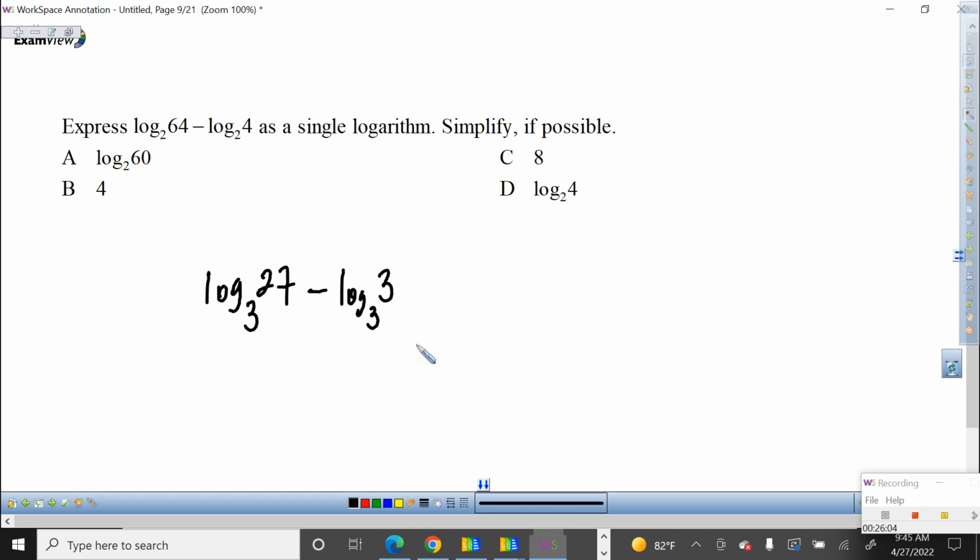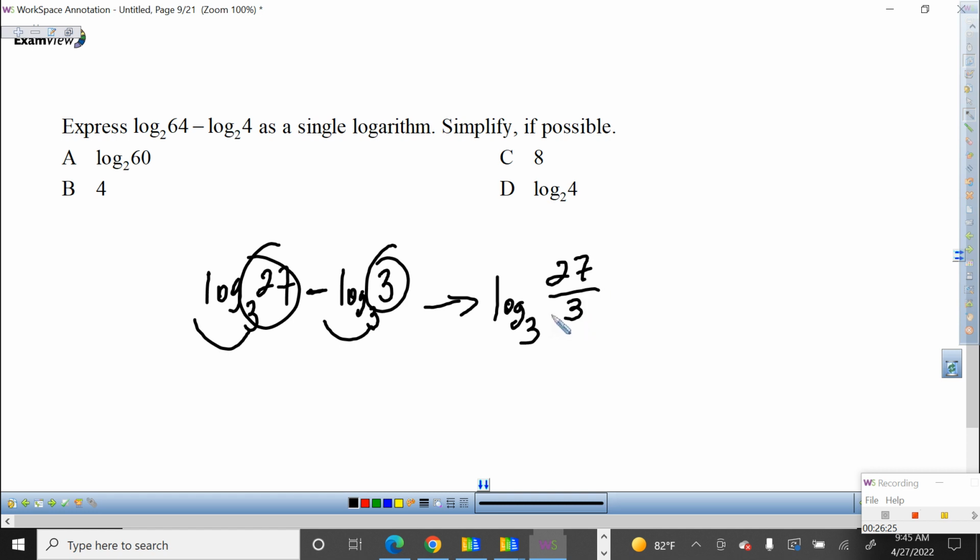All right. So look up. Whenever we get to these, now we're looking at subtraction. But when we have the same bases, we can write it as 1 log with the same base. And we just take these numbers, and instead of subtracting, we're going to divide.